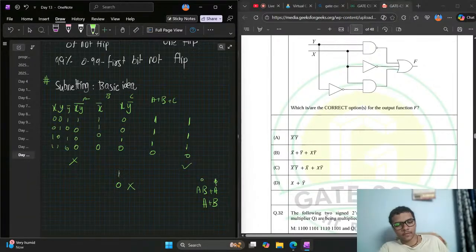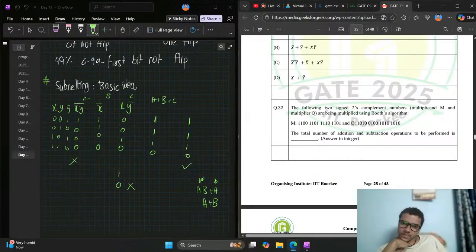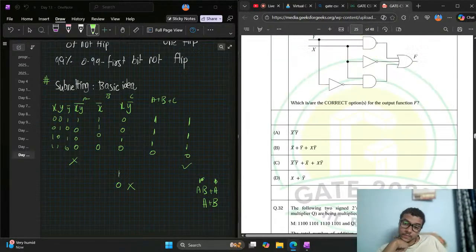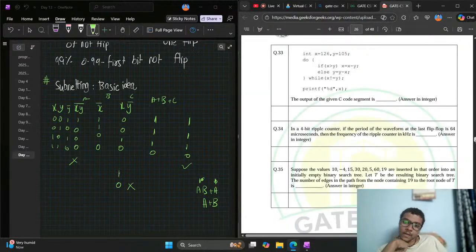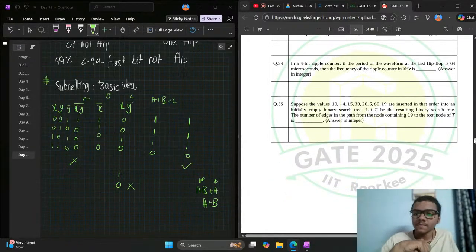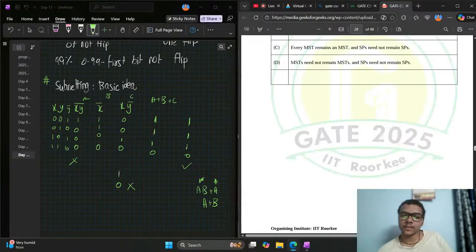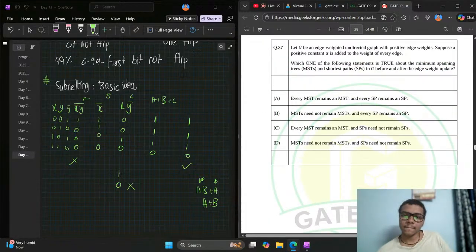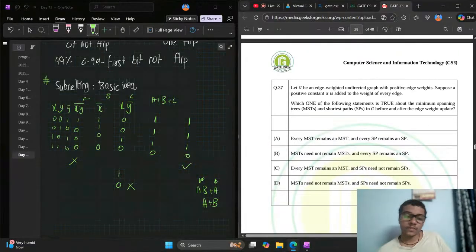If A is true, it is dependent on B. Yep, that is absorption law for you. Yeah, what I wanted to say is not to leave that question in the exam. We did not do this. We did not do this, man.